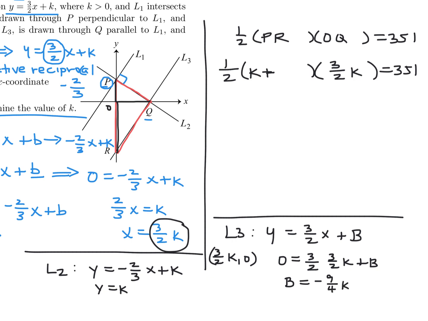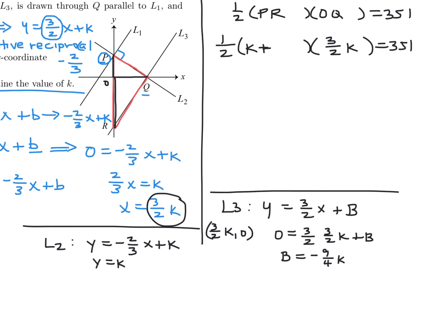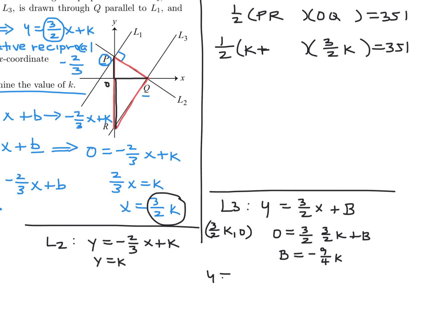And what are we interested in? We're interested in R. So this equation is basically y is equal to 3 over 2x minus 9 over 4k. And R would be when x is 0. So that would mean that y is equal to minus 9 over 4k. But we want the positive distance because it's a distance. So we'll put 9 over 4k here. And I believe that's pretty much it.